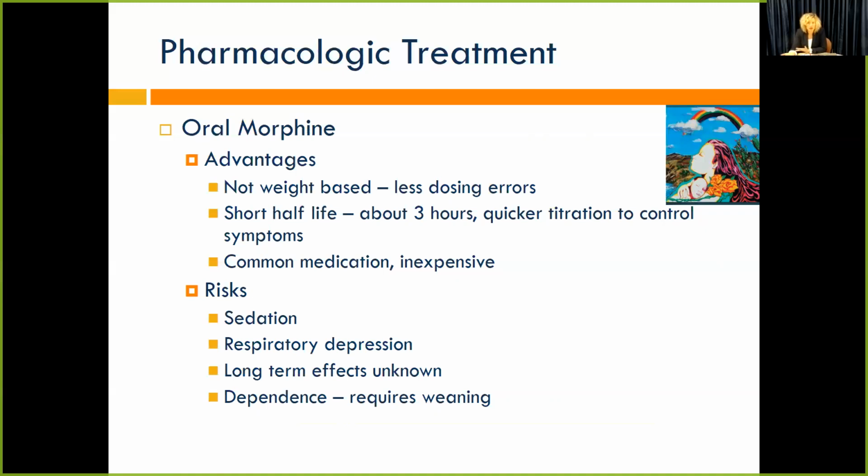There are risks to it. If we give a baby too high of a dose, they can be overly sedated and have poor feeding and have respiratory depression. Again, like all of these treatments and medicines we're talking about, we don't have great evidence that it is a benign medicine for babies' long-term development. We know that it's effective in decreasing their symptoms, but it does create dependence for the baby. We can't just give them a dose and then stop. We need to wean it off.